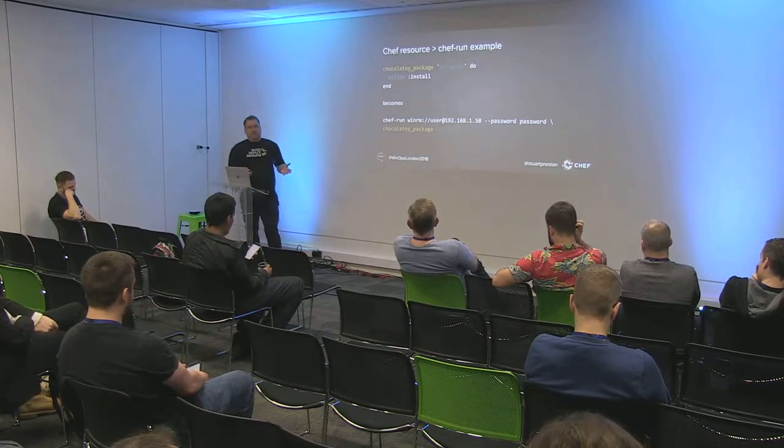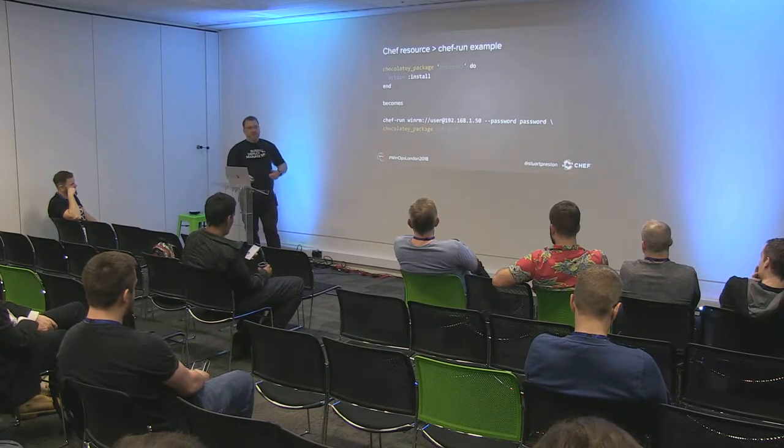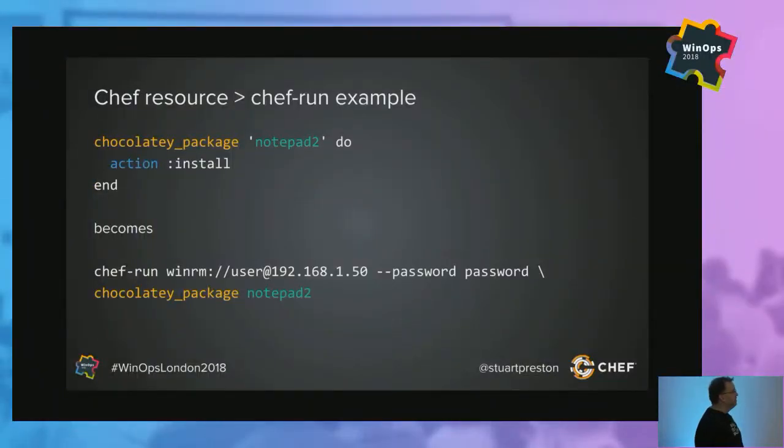The thing to remember about Chef resources is that they are designed to be idempotent, so you can rerun them with the same inputs and you get the same output if the state of the system is the same. If the state of the system doesn't match the target state, the Chef resource code will bring it to the right state. So this is hiding that complexity from you, and this is just a novel way of getting into it.